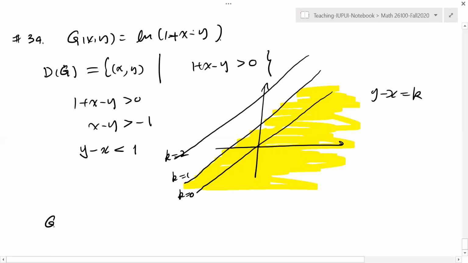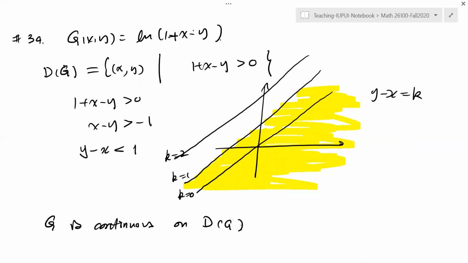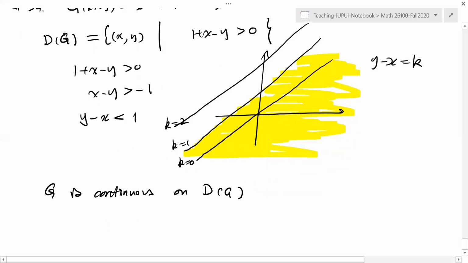So G is continuous on its domain, described by this picture. Because this is an elementary function, it's not like a piecewise defined function. An elementary function is one piece, using x, y, natural log, and exponential functions.